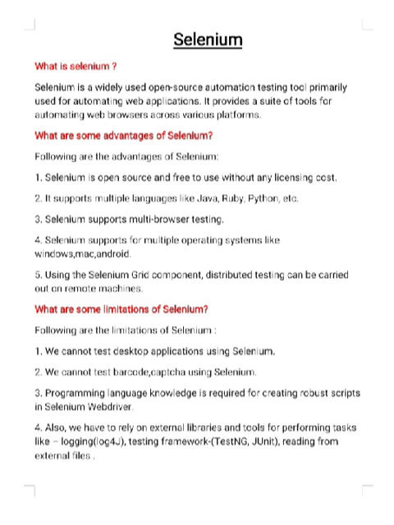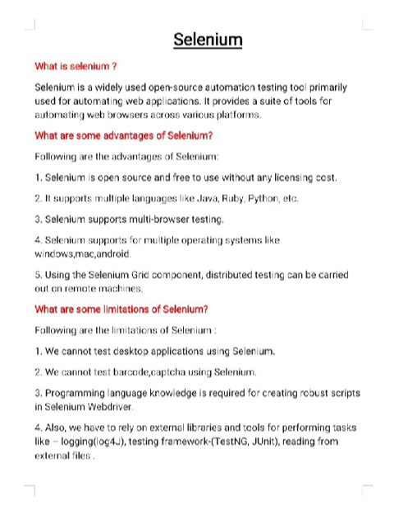So Selenium supports all these languages. Someone who wants to execute a script with Java, or someone who is comfortable with Python, can also execute the script in Python. Means Selenium supports all these programming languages.